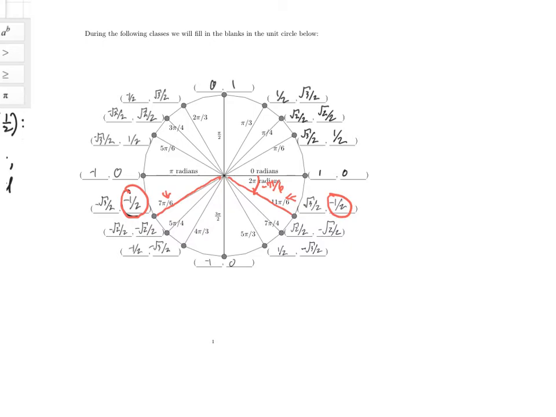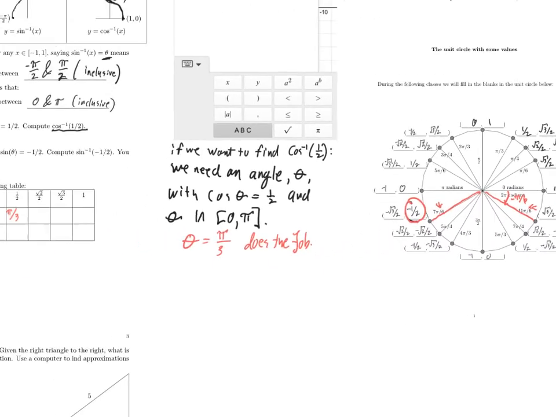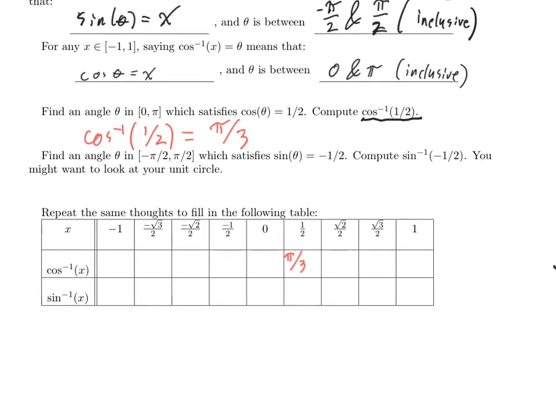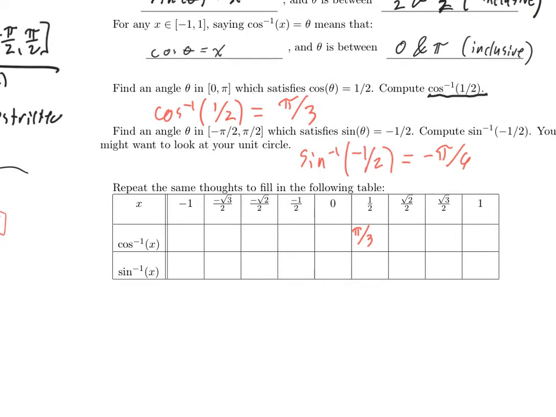And yes it is. So that means that inverse sine of negative 1/2 is equal to negative pi over 6. Inverse sine of negative 1/2 is negative pi over 6.